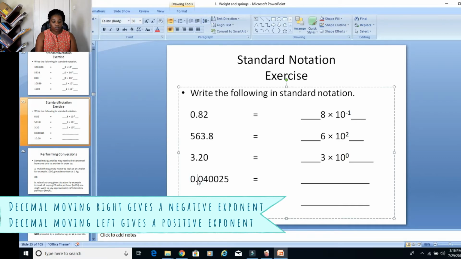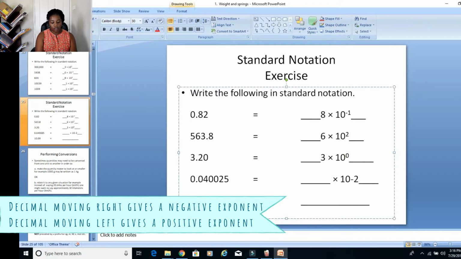Okay, for this point now, we're moving to the right first. If you move into the right first, that's the first course of action, then guess what? You're going to have a negative power. So again, if you have to move the point, we're going 1, 2. So therefore, you're going to be left with times 10, and we had to move twice to the right.